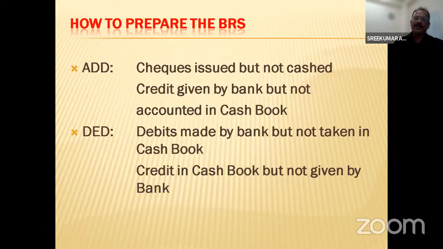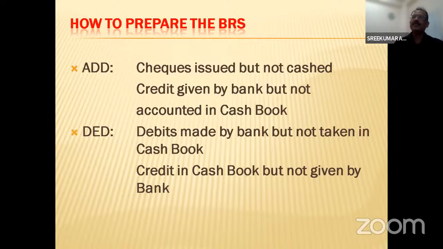Another situation as far as items to be deducted from our closing balance is credit in cash book, but not given by bank. We have taken into our cash book some credits, some demand drafts.